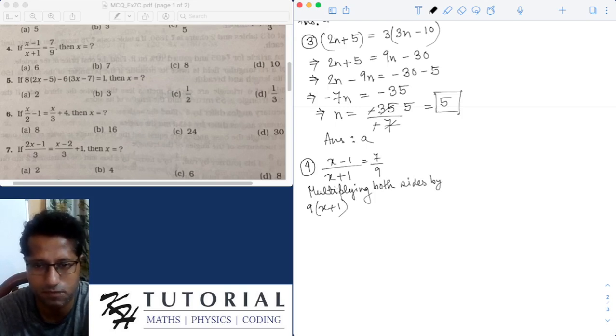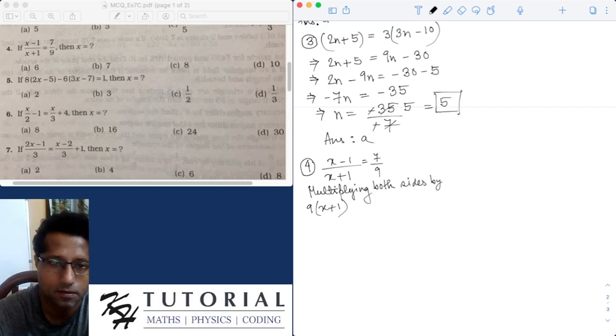Now 9 into x plus 1 will eventually be also a number when it is solved, when x has a value. So 9 into x plus 1 is basically a number, and it will not be 0, because if 9 into x plus 1 is 0, then definitely x plus 1 has to be 0, and then this equation is invalid, because x minus 1 divided by x plus 1 will be invalid.